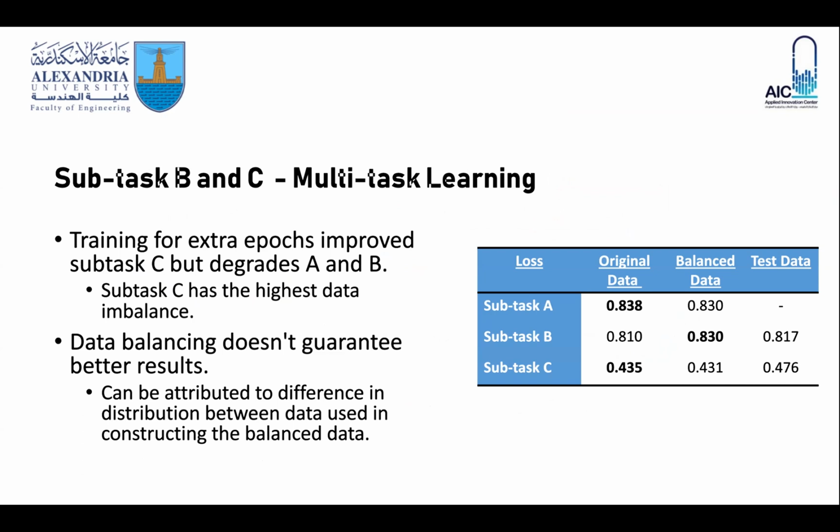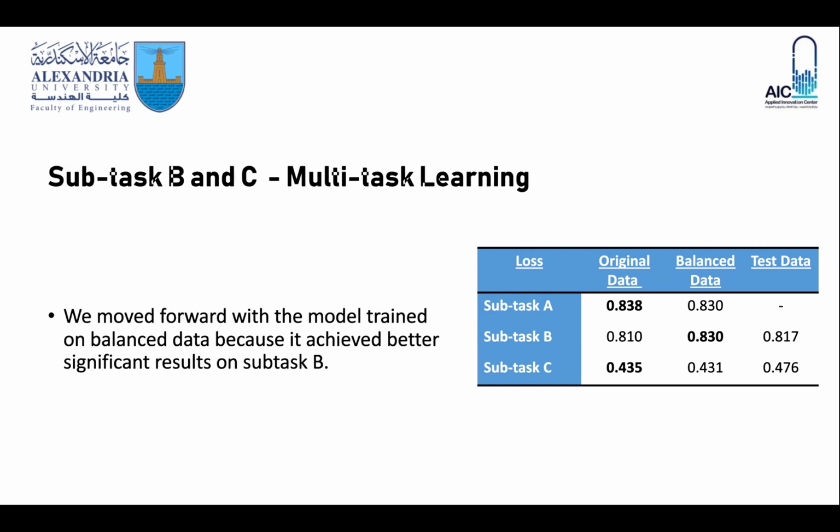We noted that training for extra epochs improved subtask C but degraded A and B. It can be attributed to subtask C having the highest data imbalance, so it benefits from training more, unlike subtasks A and B. We also noted that data balancing does not guarantee better results, which can be attributed to a difference in distribution between the data used in constructing the balanced dataset. We moved forward with the model trained on balanced data because it achieved a significantly better result on subtask B only, as we can see in the table in the presentation.